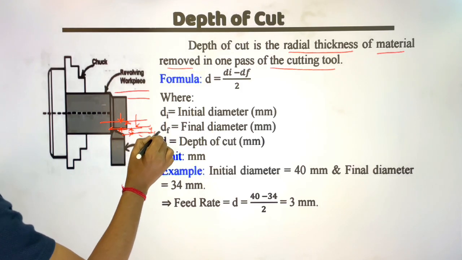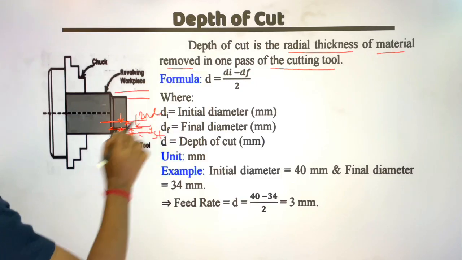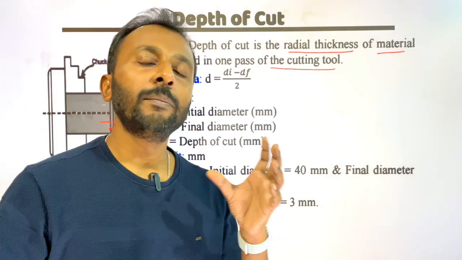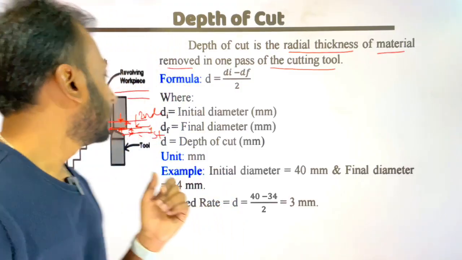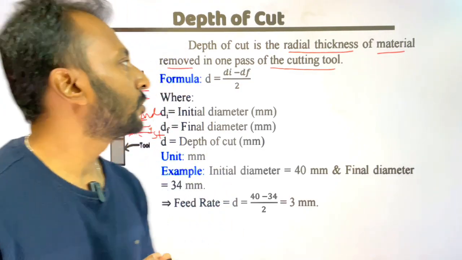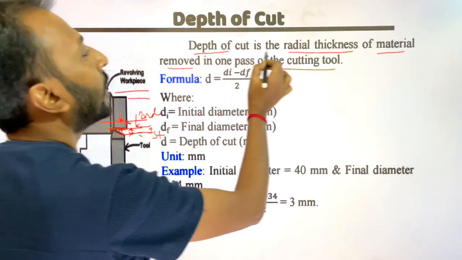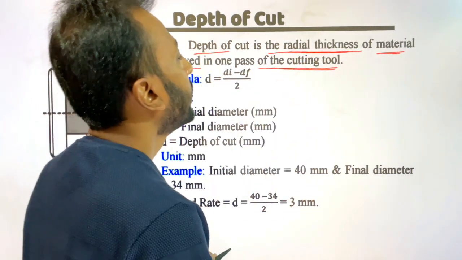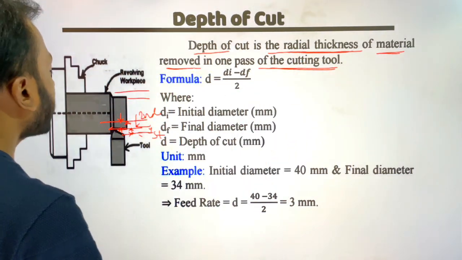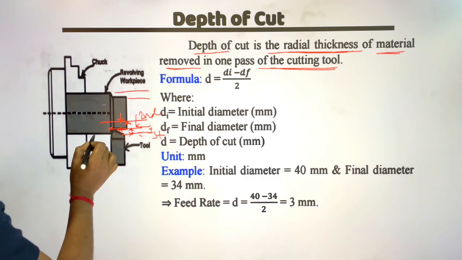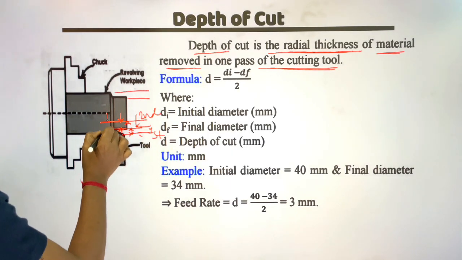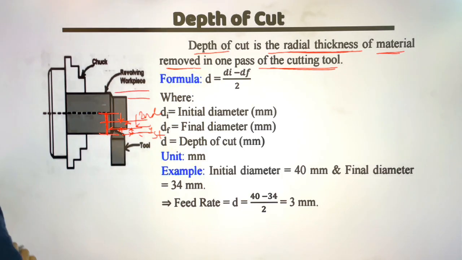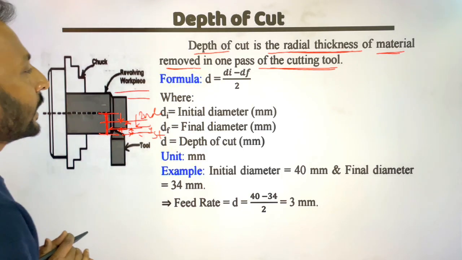The depth of cut is the radial thickness of material removed in one pass of the cutting tool. It is the radial dimension, always measured perpendicular to the lathe axis.